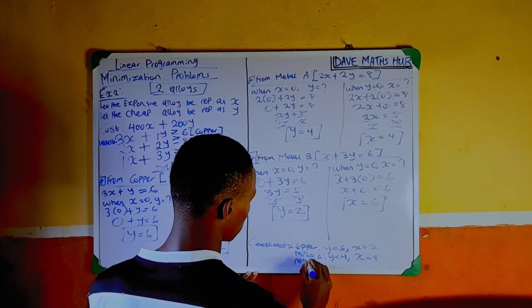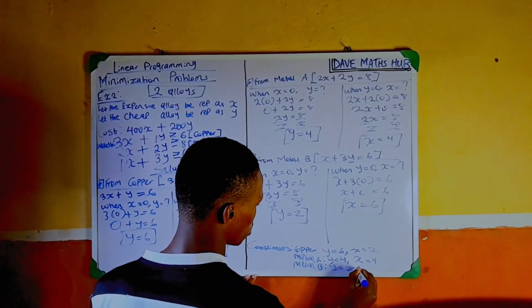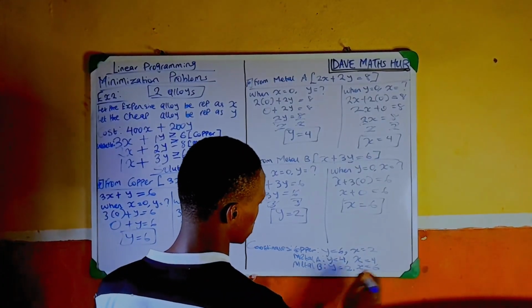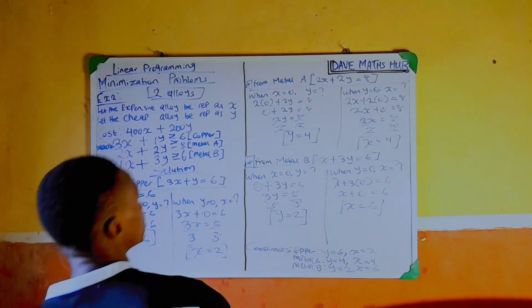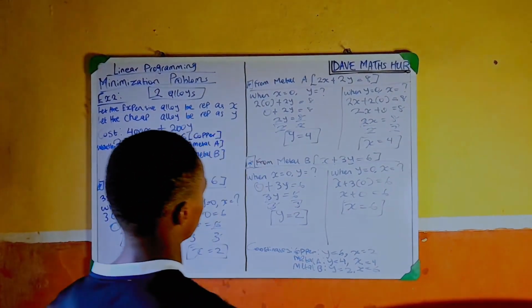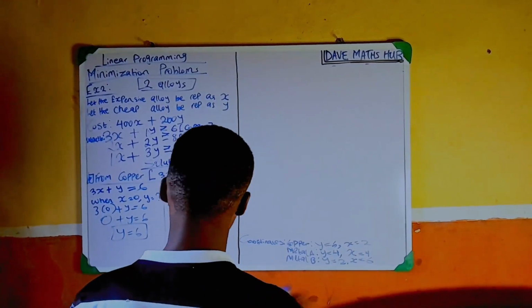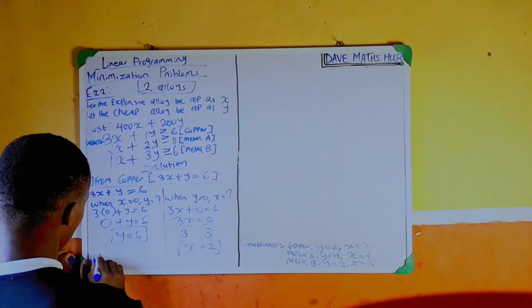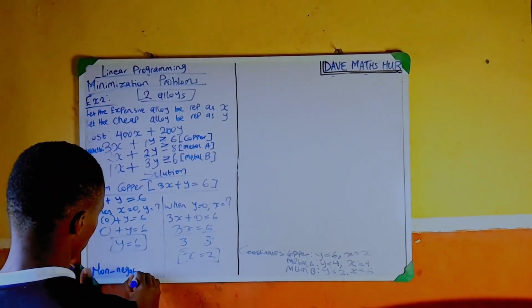For metal B, y equals 2, x is equal to 6. So through this, we can draw our diagram. Now we've done this. Don't forget your non-negativity. Very important.